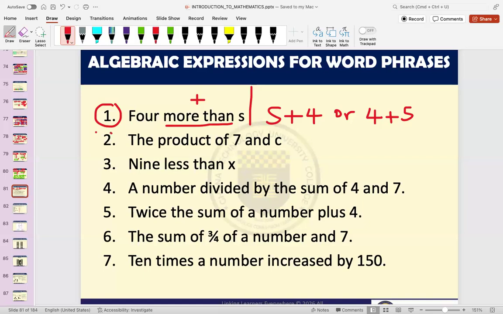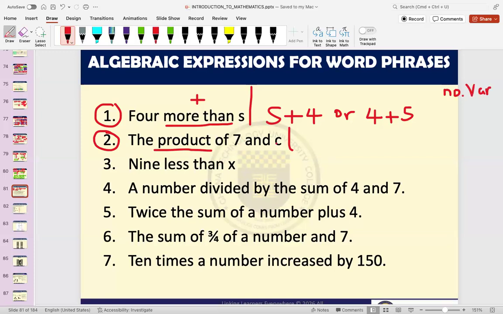Then the second word phrase, the product of 7 and C. As for this one, you can't write it in two ways. You can only write it in one way, because in algebraic expressions, you always write the number first before you bring the variable.